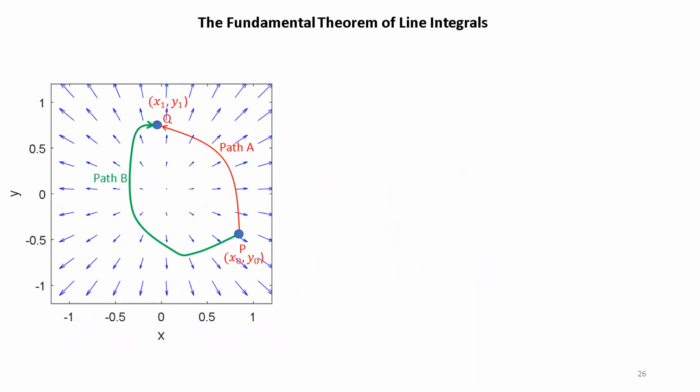What we need is some mathematical theorem that helps us have a more manageable way to tell: I give you a vector field and I give you these two points, whether I can say that this is path independent or not, without actually doing infinitely many line integrals.